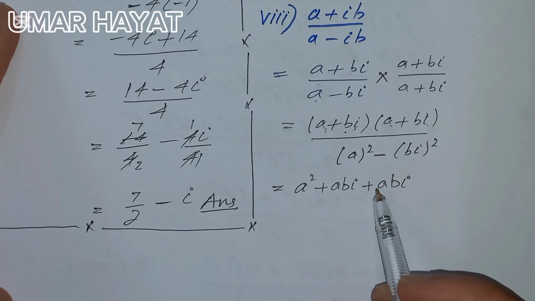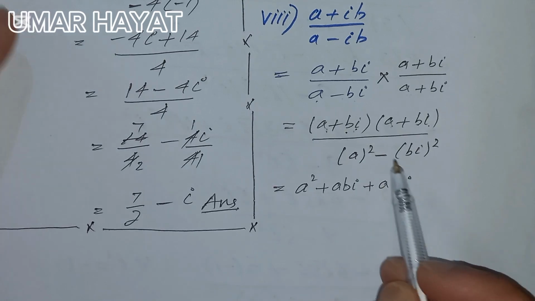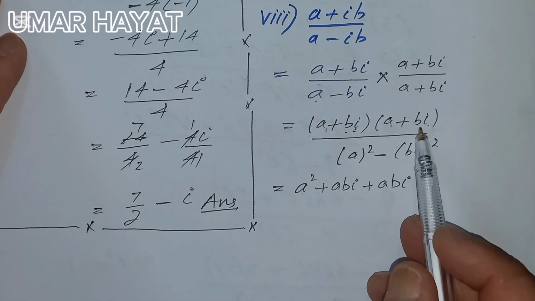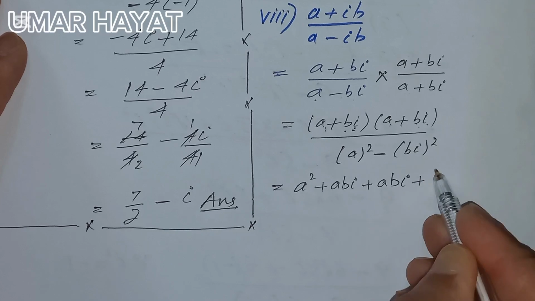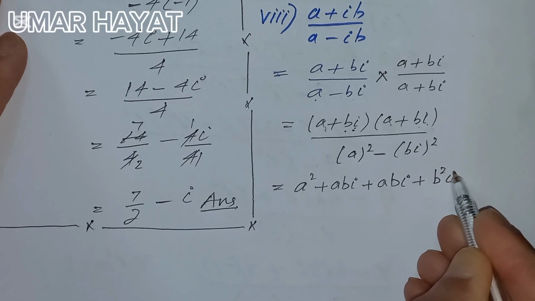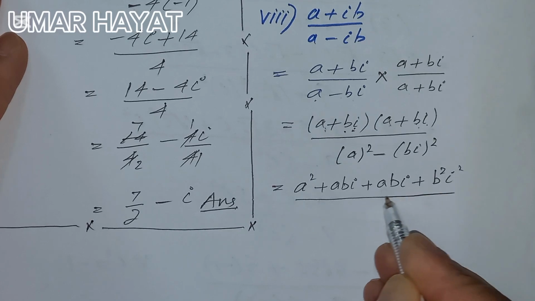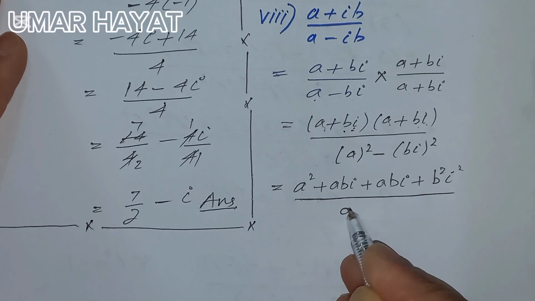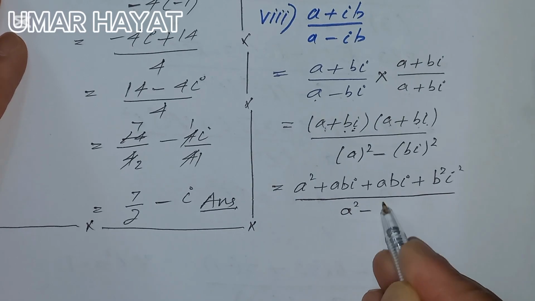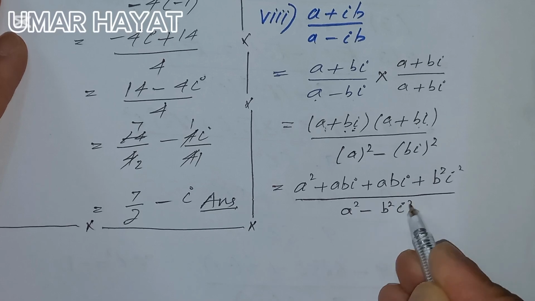So bi multiply bi, we will get b square i square, divided by a square minus b square i square.